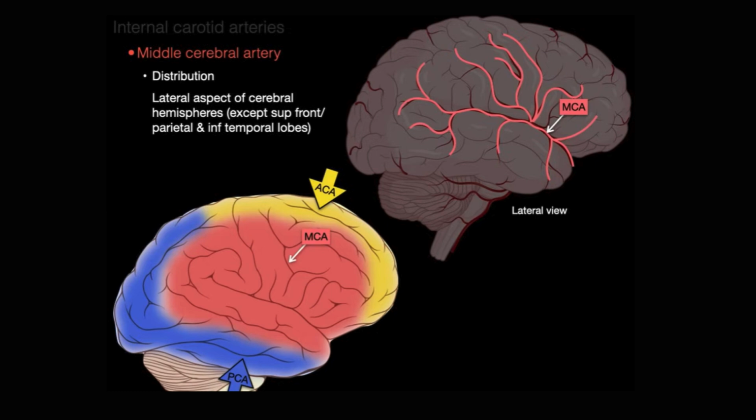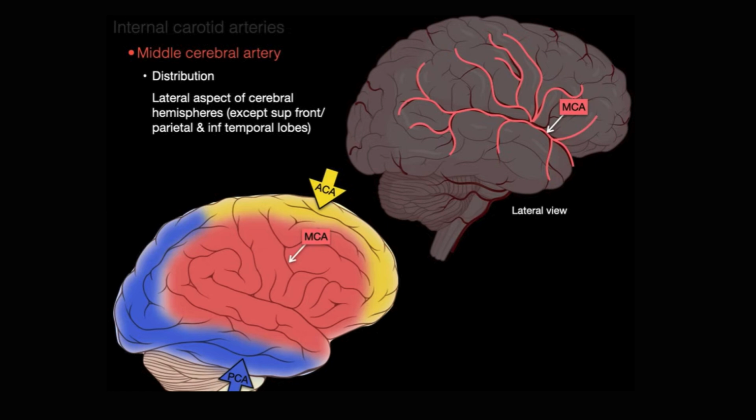Now, the middle cerebral artery is also a branch of the internal carotid artery. But this time, remember how the anterior cerebral artery supplies the medial aspect of the cerebral hemisphere.